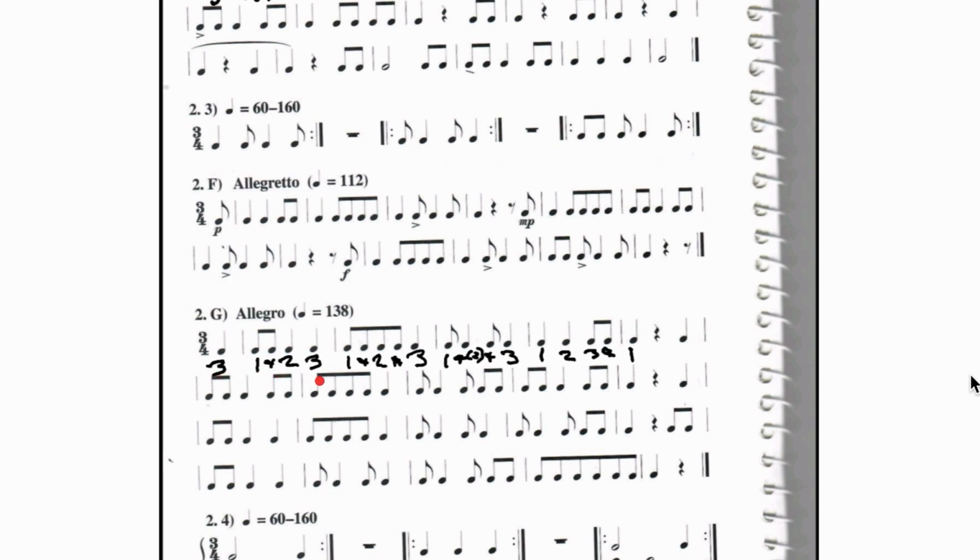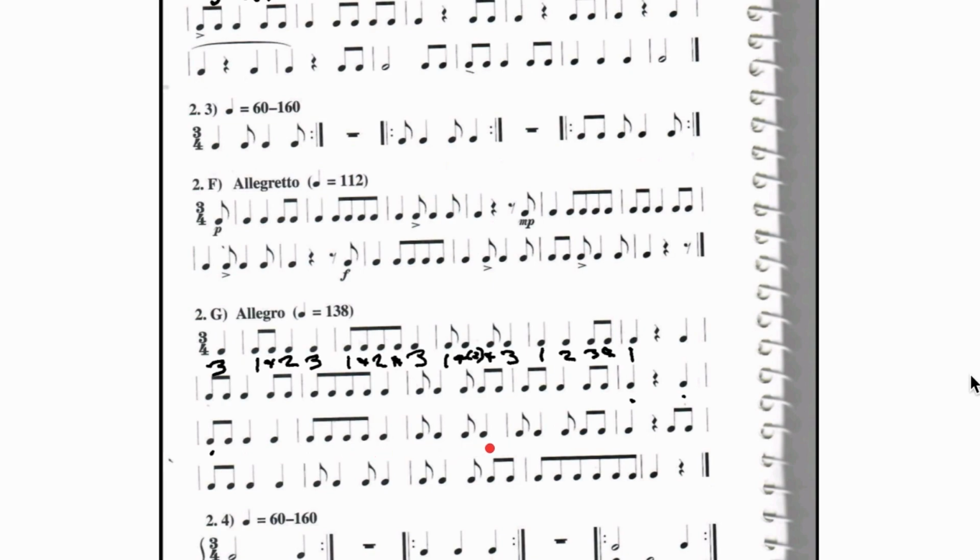3, 1 and 2, 3, 1 and 2 and 3, 1 and 3, 1, 2, 3 and 1. 3, 1 and 2, 3 and 1 and 2 and 3, 1 and 3 and 1 and 2, 3 and 1. 3, 1 and 2, 3, 1 and 2 and 3.